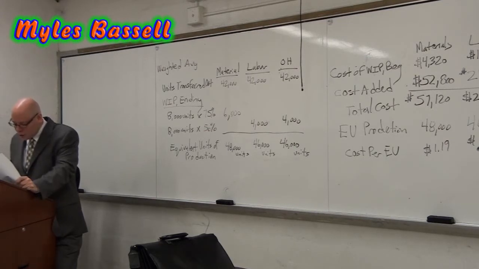The blended juices are then bottled and packed for shipping in the bottling department. The following information pertains to the operations of the blending department for June. So what we're going to do is determine the equivalent units, compute the cost per equivalent unit, and determine the total cost of ending work in process inventory and the total cost of units transferred to the bottling department.